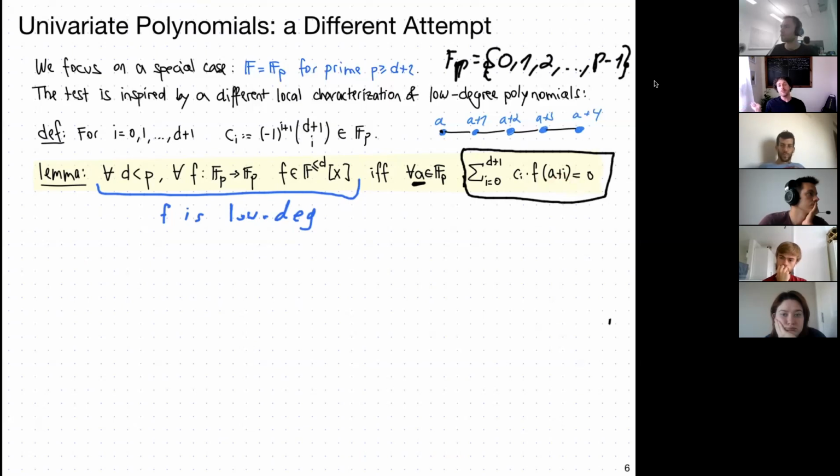consecutive points, right? And somehow the magic of low degree, the structure of low degree polynomials, tells us that you can have a linear combination of f1 plus f2 plus f3 plus f4, and if you weight it correctly, then it would always be 0, right? It's a nice property.